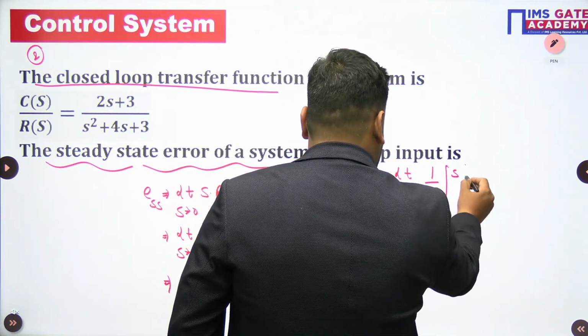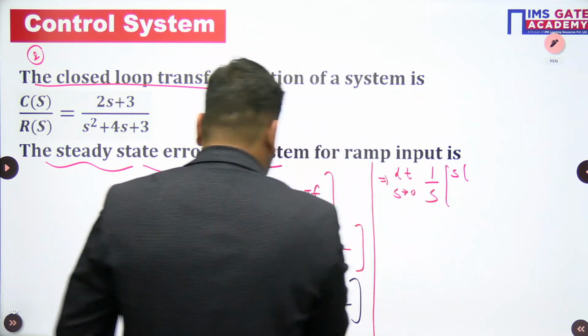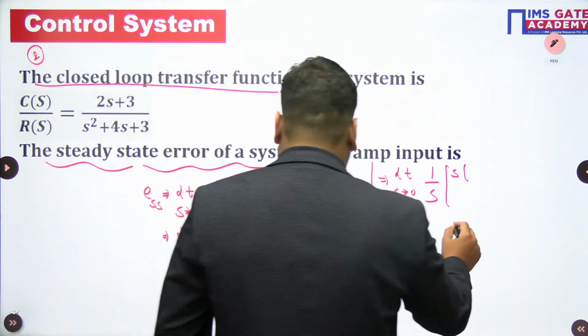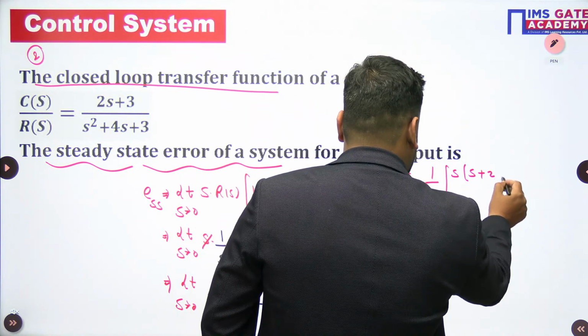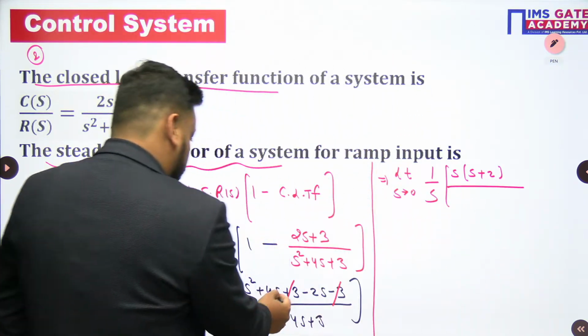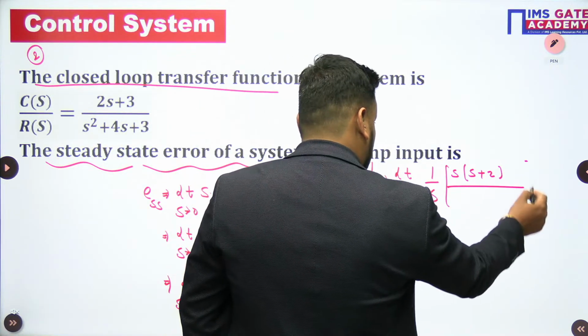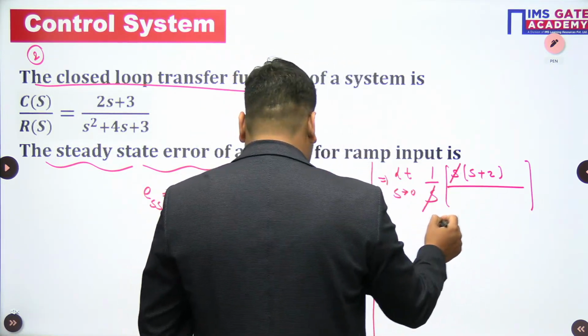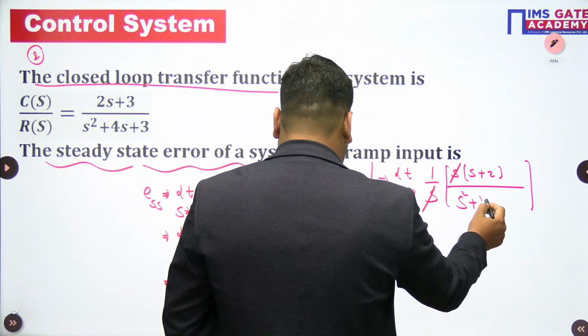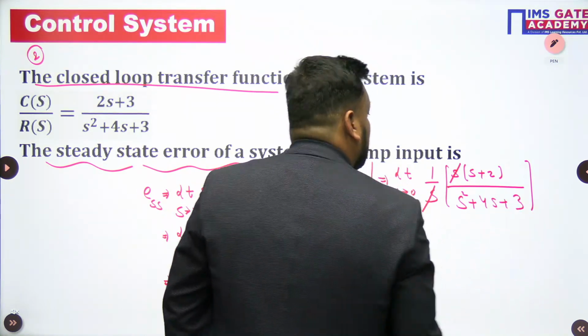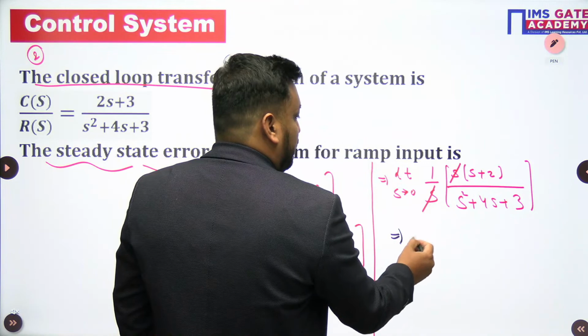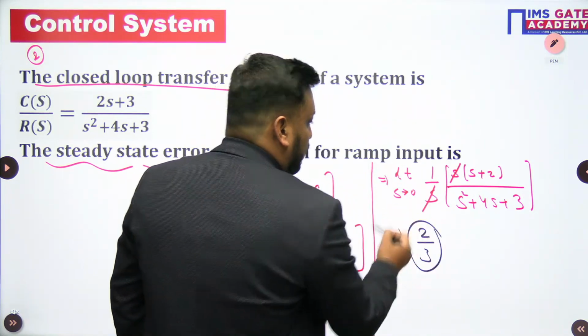Inside the bracket you get s square, 4s minus 2s, so it will be plus 2s. So s into (s plus 2) upon s square plus 4s plus 3. The s gets cancelled out. Now when you apply the limit, guys, you will get the answer 2 by 3.